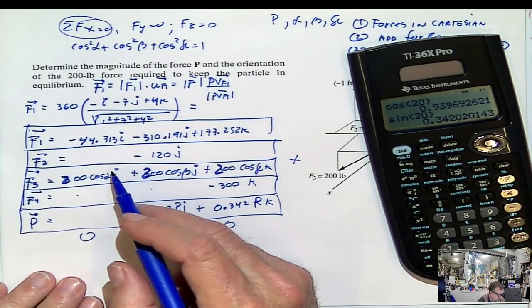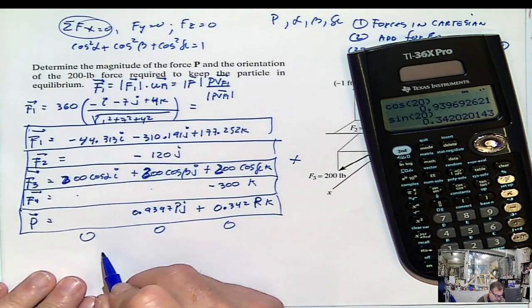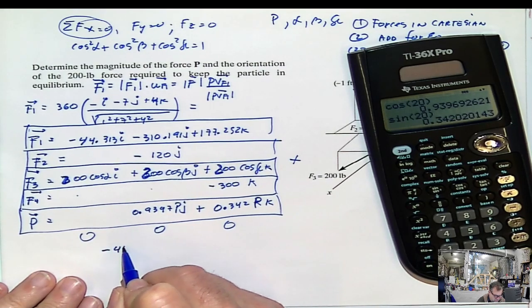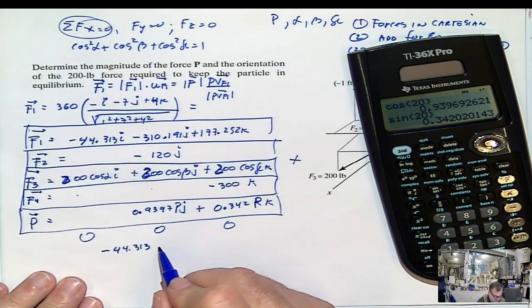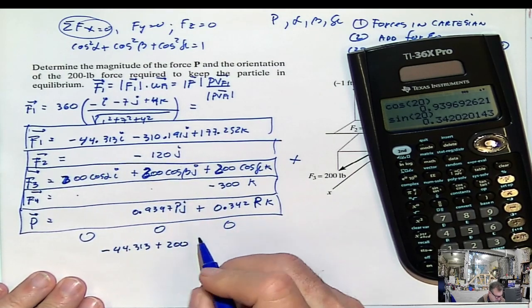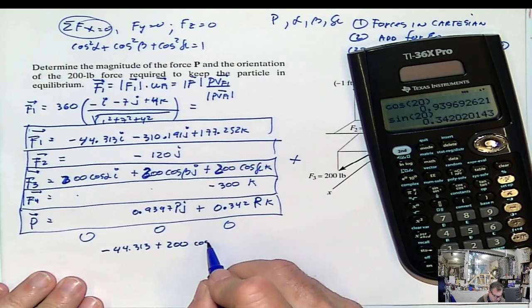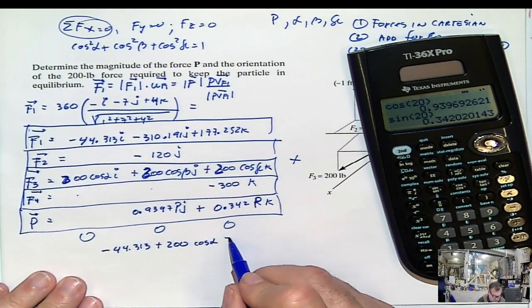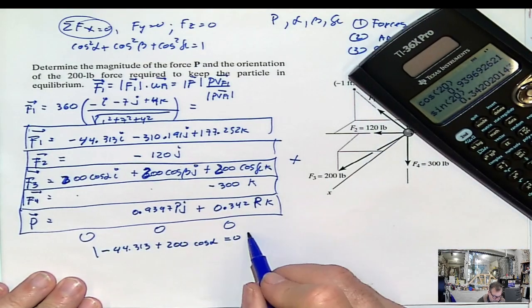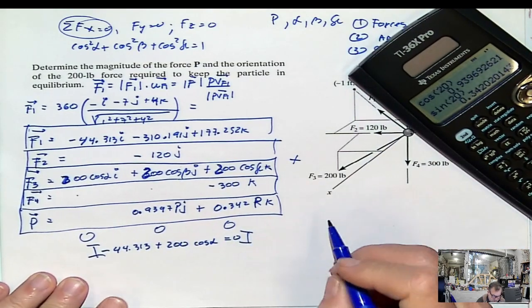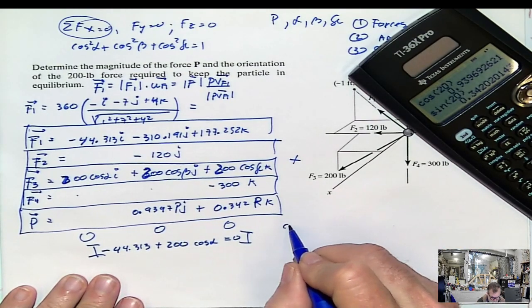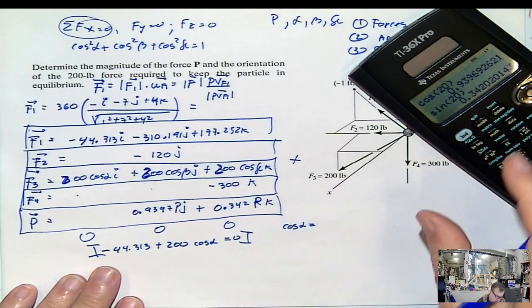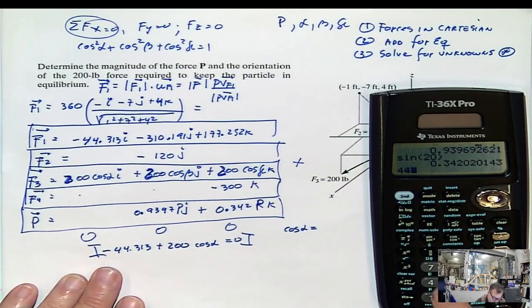What do we get in i? We get negative 44.313, this one, plus 200 cosine alpha, and there's nothing else, equals 0. So that means that from here I can solve for cosine alpha, which will be 44.313 divided by 200.